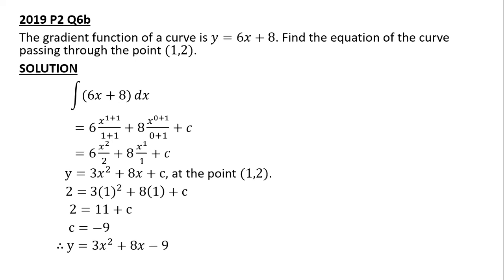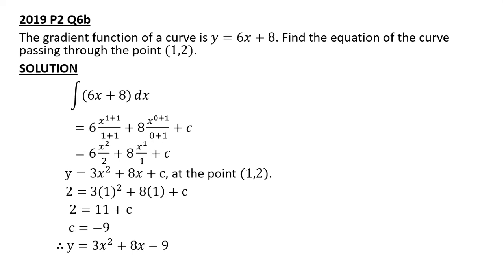Then the equation is saying the gradient function of a curve is given by y equal to 6x plus 8. Find the equation of the curve passing through the point 1, 2. Therefore, since we found our c as a negative 9, we are going to say our y is equal to 3x squared plus 8x minus 9.